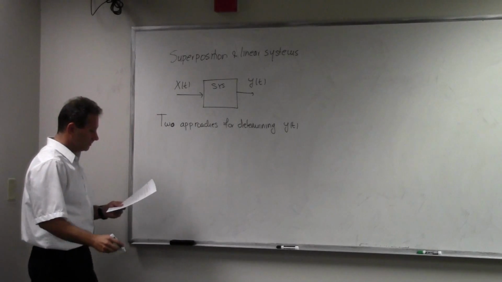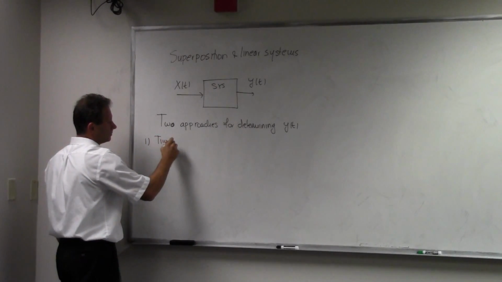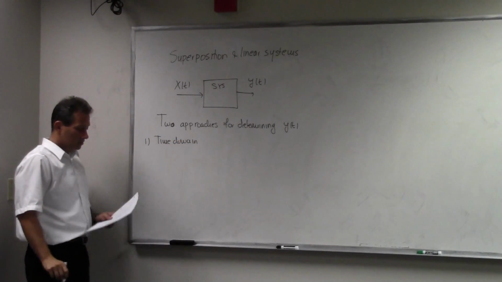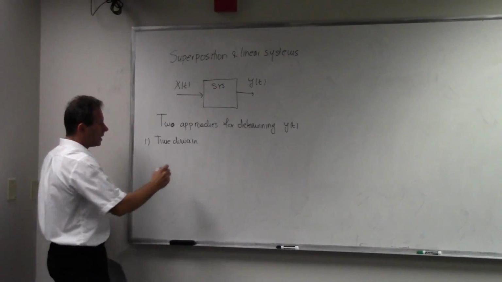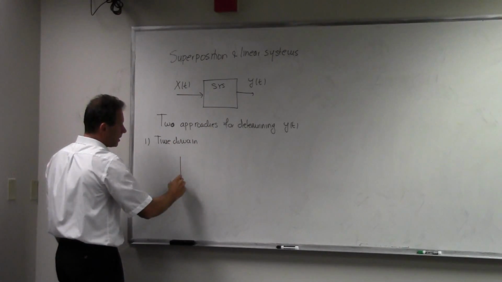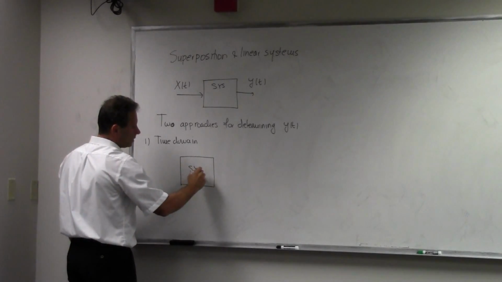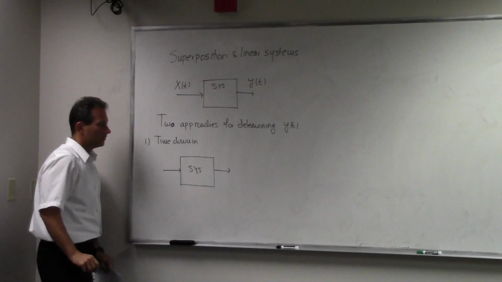And the first one is time domain. So we're going to do all the calculations in the time domain. If I were to do this problem in the time domain, here's the approach. And I'm sure a lot of you are already familiar with this, so this is also part of a review.